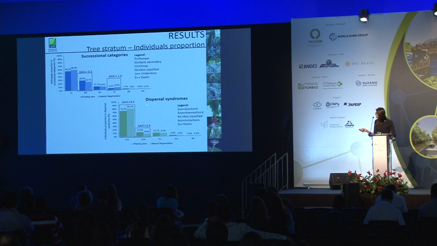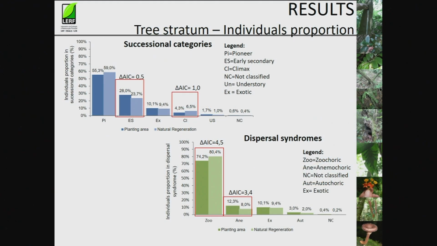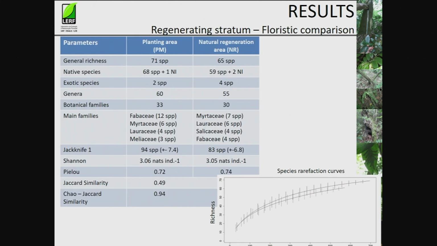And the dispersal syndromes were also influenced by the site in the animal dispersed and wind dispersed species, showing higher animal-dispersed species here in the natural regeneration and higher wind species in the planting area.